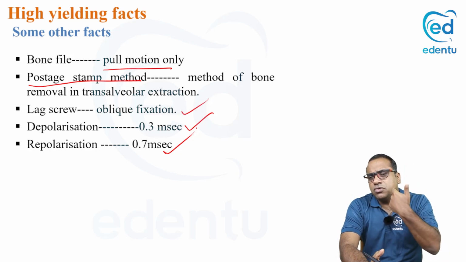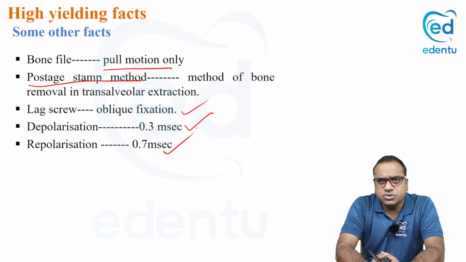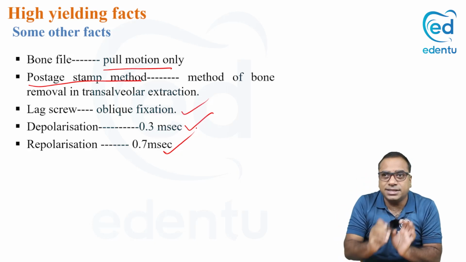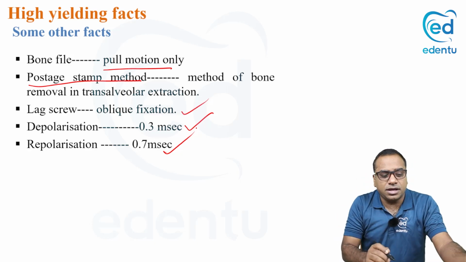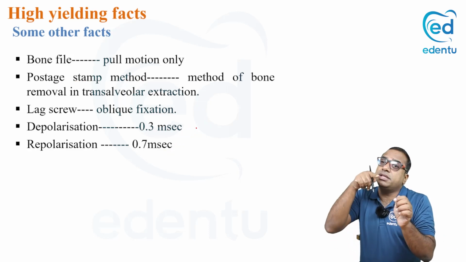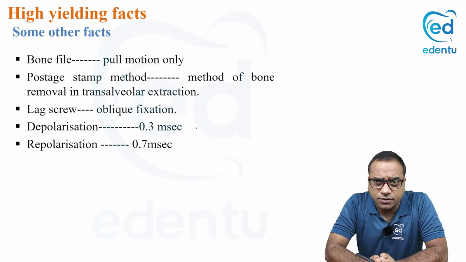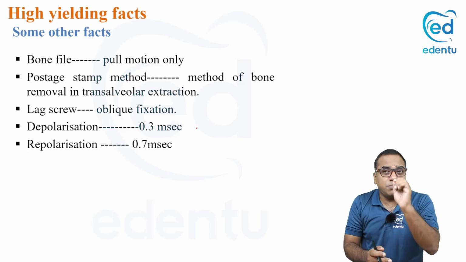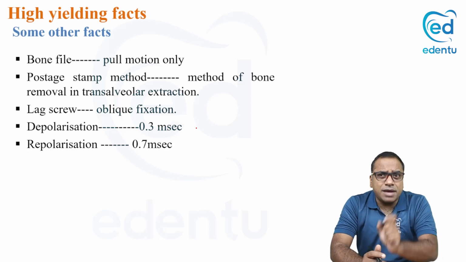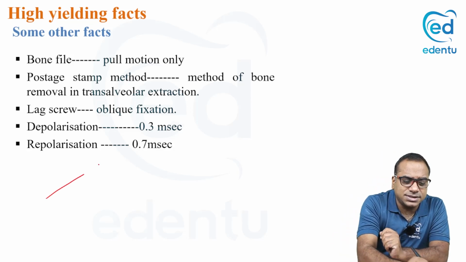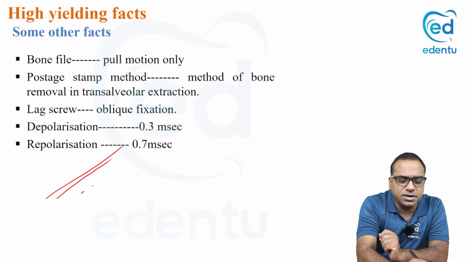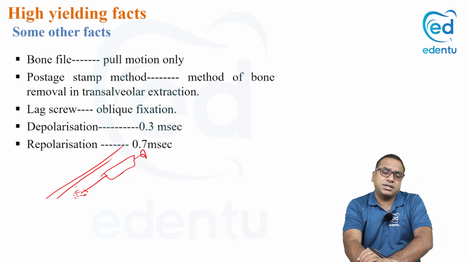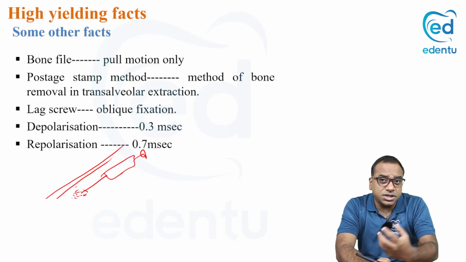Whenever you are injecting local anesthesia, definitely you are not injecting inside the nerve. If I say inferior alveolar nerve block, that does not mean that you are injecting inside the inferior alveolar nerve. You are injecting in the periphery of the nerve. So my question is, for example, this is the nerve and this is your syringe, and you have injected the local anesthetic solution here.